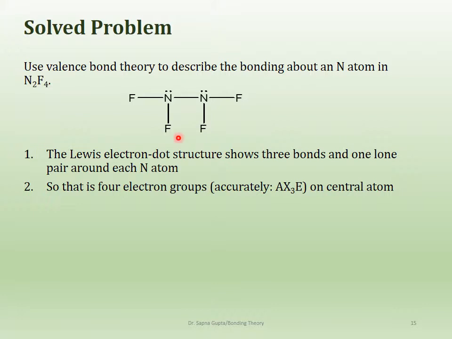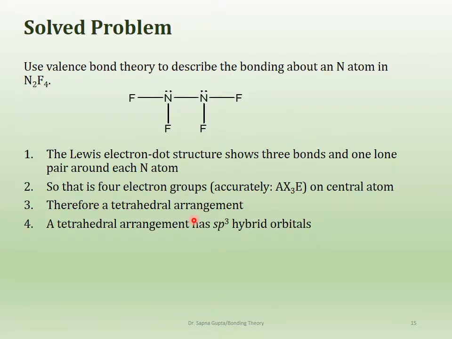So you have 4 electron groups, 1, 2, 3, 4, 3 of which are bonding and 1 of them is a lone pair. And that is not so critical at this point. The most important thing is that you have 4 electron groups. If you have 4 electron groups, you have a tetrahedral arrangement. If you have a tetrahedral arrangement, then you have sp3 hybridized orbitals, and that's all there is to it. Both of the nitrogens are the same, which means that both of them are sp3 hybridized.